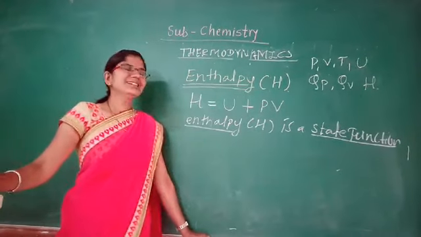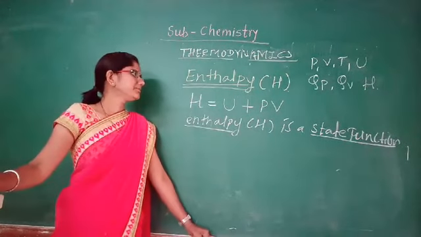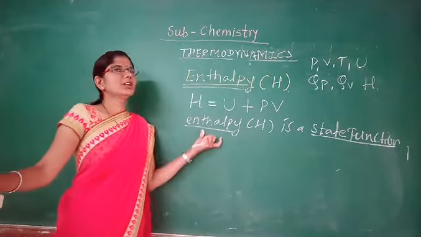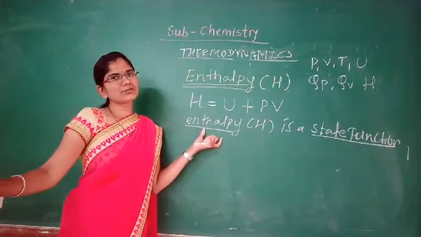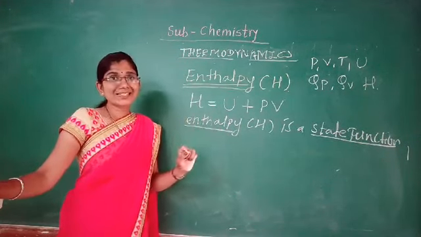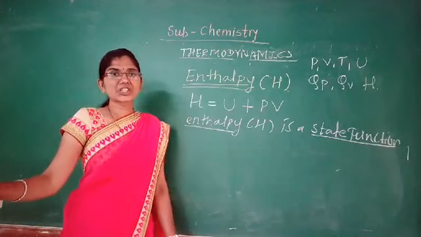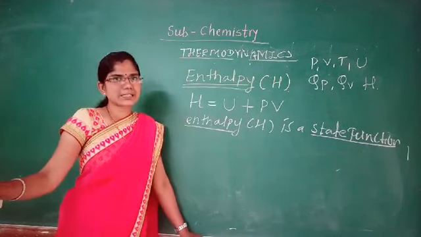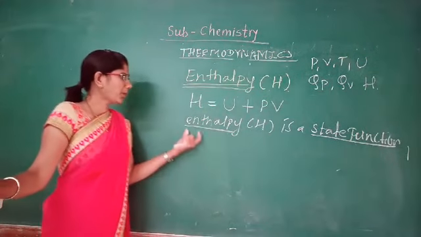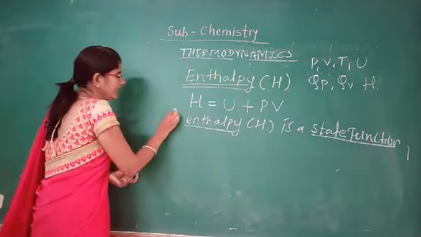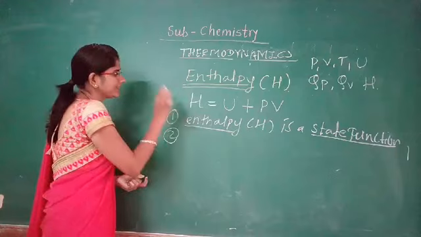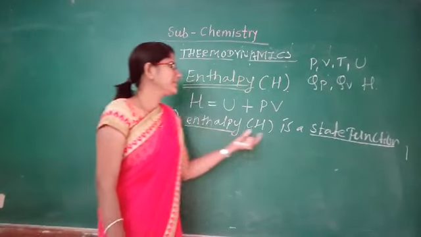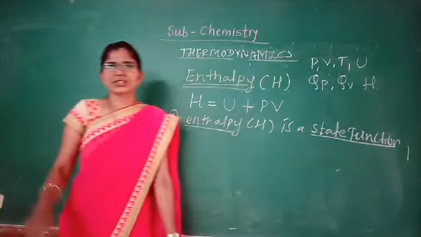Enthalpy is a state function, meaning the value of this property of the system depends only on the initial and final state of the system. So this is the first property of enthalpy: enthalpy is a state function.